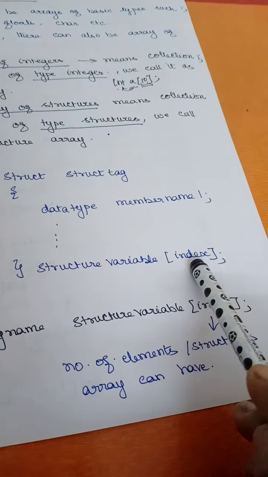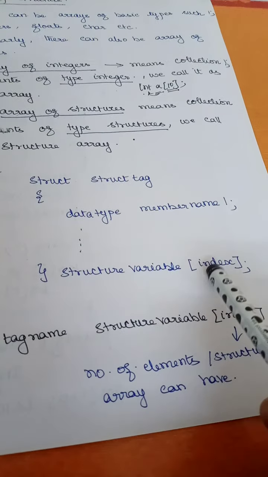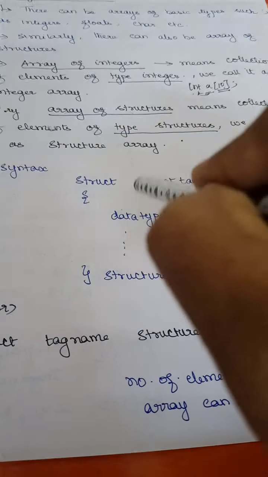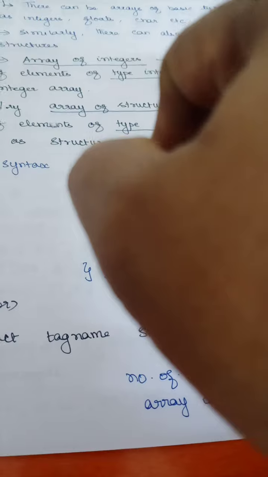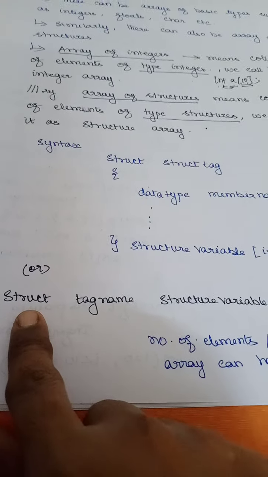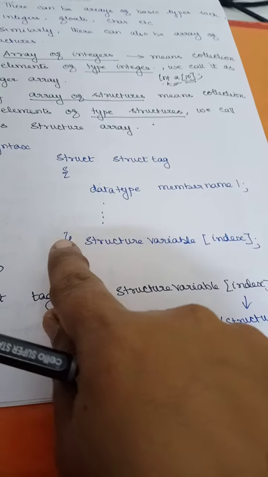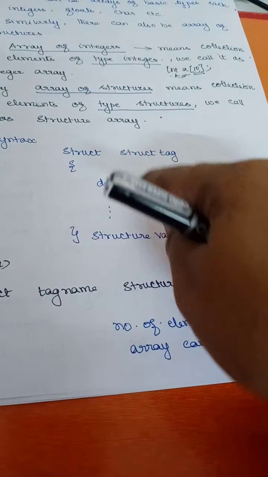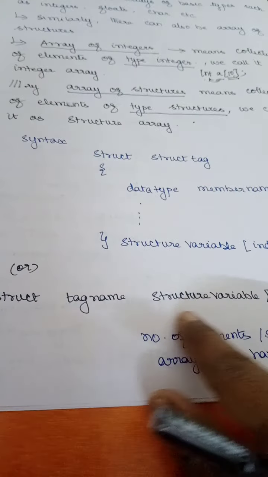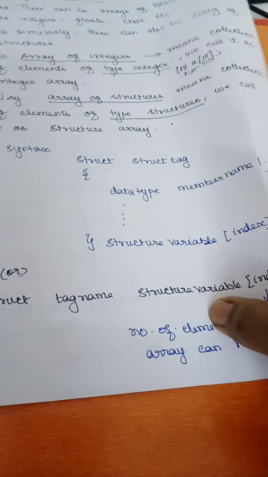But here I am going to have an array, and all the elements in the array are going to be of type structure. Is that clear? So here also I can declare like this: struct, tag name, structure variable with index. Either I can declare it at the end of the structure or I can declare it like this.